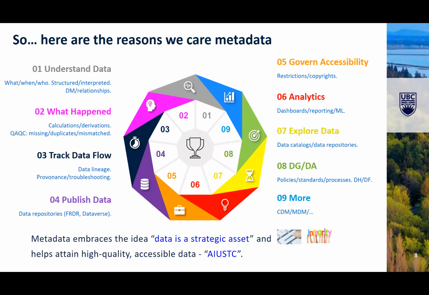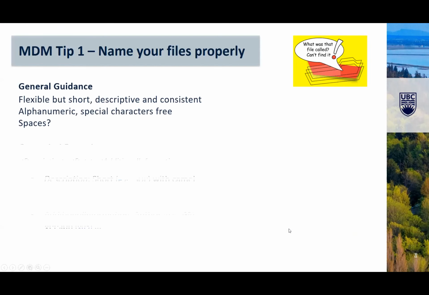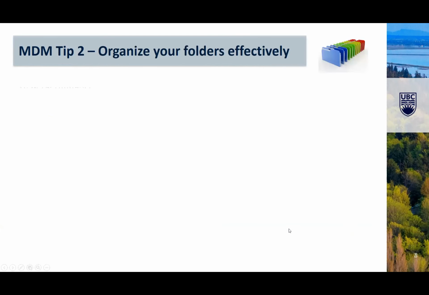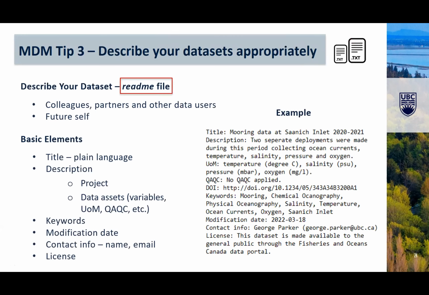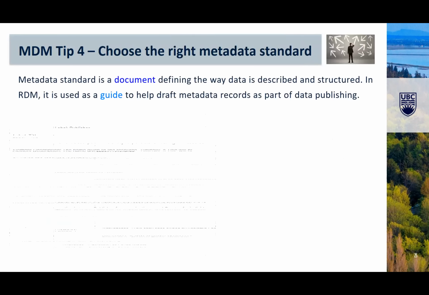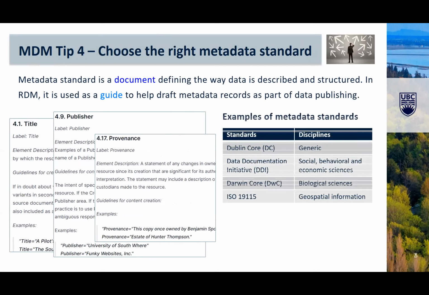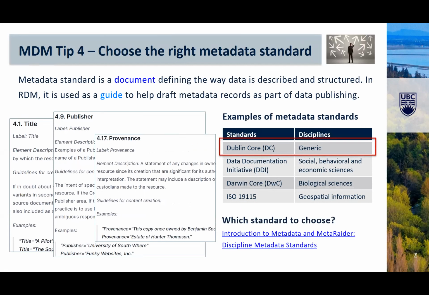So the kinds of things that I'm thinking about here are, if data in your discipline adopts or has generally used a particular standard, be it DDI in the social sciences or something else in the biological sciences, it is likely that the repositories that would house your data will be friendly with that metadata standard, and that the discovery tools built to expose your data to a broader audience by way of search engines and so on would leverage that standard metadata in order to up the click-throughs to your data set.